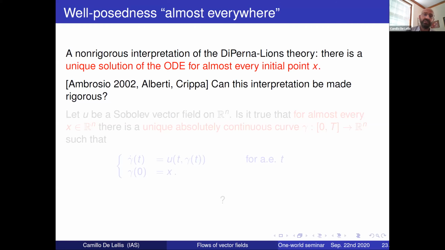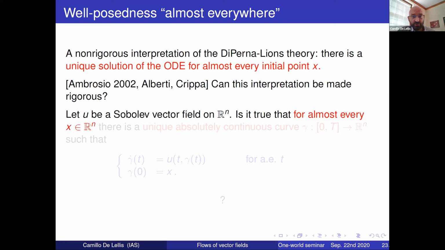And in fact, it has been a recurrent question in the literature since Ambrosio's paper in 2002, who was the first to point this out, whether this interpretation of the DiPerna-Lions theory can actually be made rigorous, or even if that is actually true.